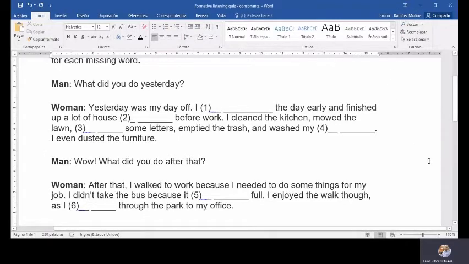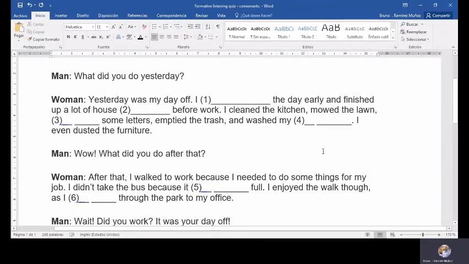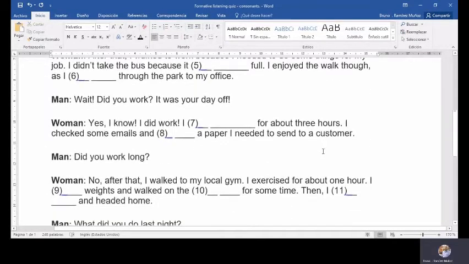The dialogue is played again: What did you do yesterday? Yesterday was my day off. I started the day early and finished up a lot of house chores before work. I cleaned the kitchen, mowed the lawn, mailed some letters, emptied the trash, and washed my clothes. I even dusted the furniture. Wow. What did you do after that? After that, I walked to work. I didn't take the bus because it looked full. I enjoyed the walk, though, as I strolled through the park to my office. Wait, did you work? It was your day off. Yes, I know.